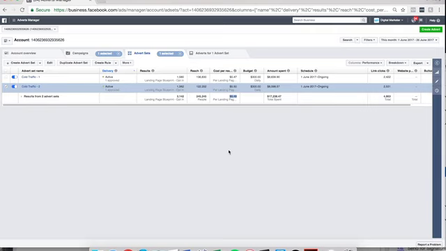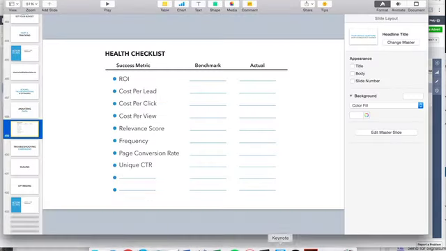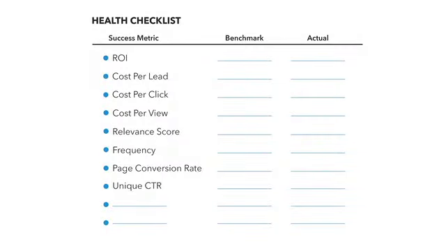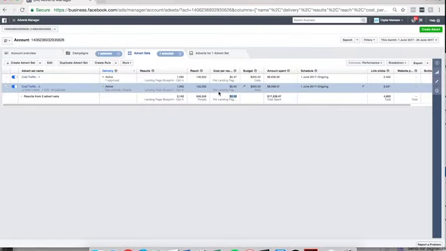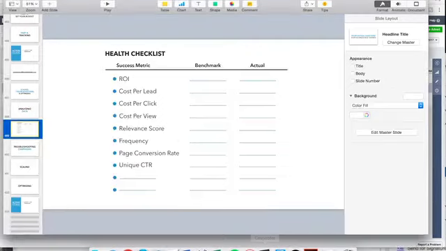As long as the actual is under the benchmark for our success metric, I'm going to keep both of these ad sets on because they are both performing in a way that is still profitable, that's still good for us here at Digital Marketer. So really understand that one doesn't always have to win inside of a traffic platform. All of them can win, right? If all of your ad sets are performing well, good for you. You've done a really, really good job.